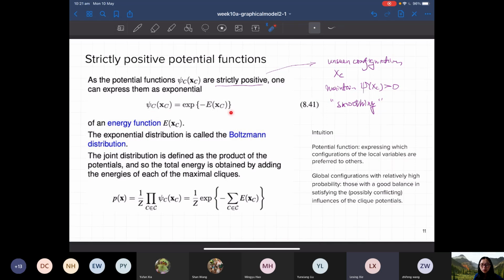the new term we're going to introduce is the energy function E, which is the negative logarithm of the potential function phi. So why do we want this? One common objective is to maximize log likelihood.